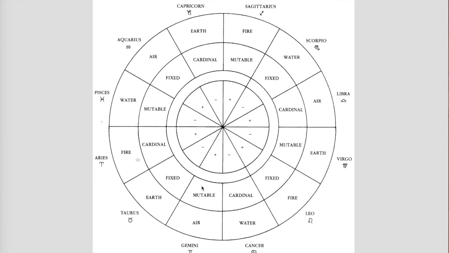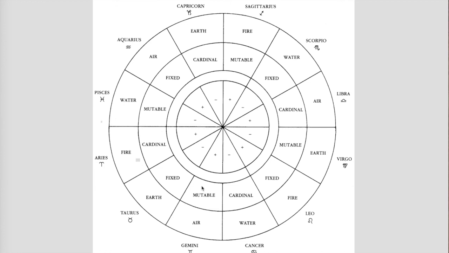So cardinal, fixed, and mutable. Cardinal being the Grand Master, the great teacher. Fixed sign being the master, the one who maintains and stores. Maybe you could think of a librarian, or somebody in charge of keeping the books at a bank or something like that.